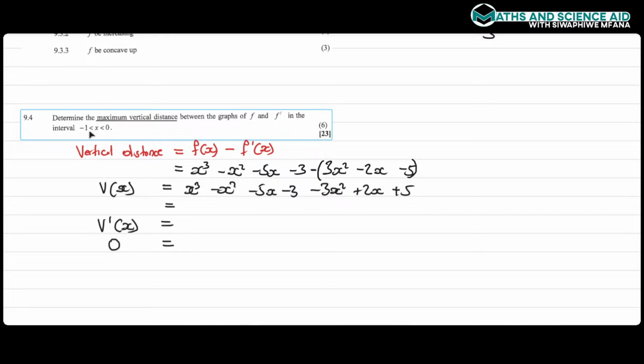So you'll only take the value of x that is within this interval. And then after getting that value of x, whatever it is, I'll just say x is equal to a, the one that is within this interval, you'll obviously then just sub it into the original equation for the vertical distance. And then that will give you the maximum vertical distance.